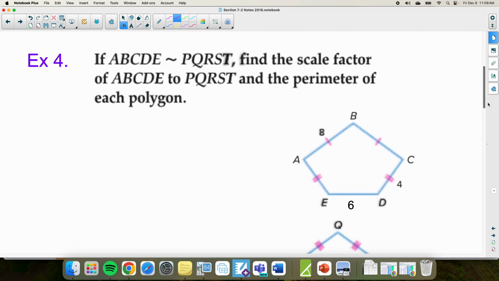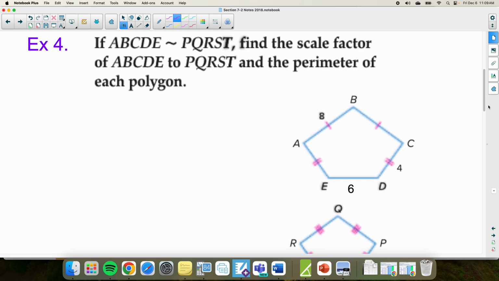Okay? So in this one right here, they tell us that these two polygons are similar. But this one, when they ask us for the scale factor, they specify which one to put on top. And notice they want A, B, C, D on top and P, Q, R, S, T on the bottom.